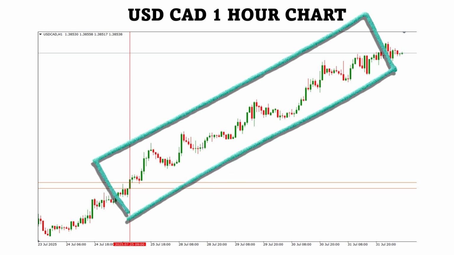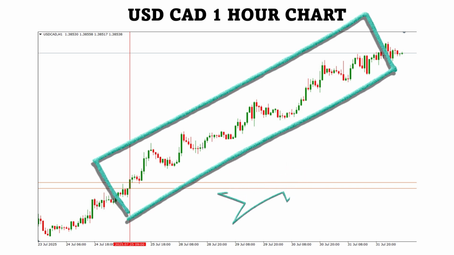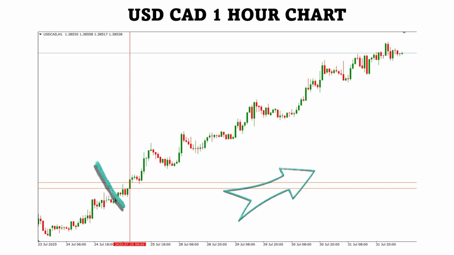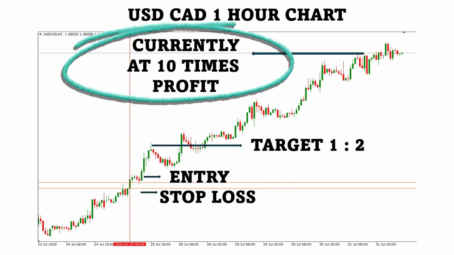The price has continuously moved up, creating higher highs and higher lows. If you are a seasoned retail trader and if you understand the price movements and higher highs and higher lows, you can actually wait till it continues going up. Currently, this is at a 10 times profit.